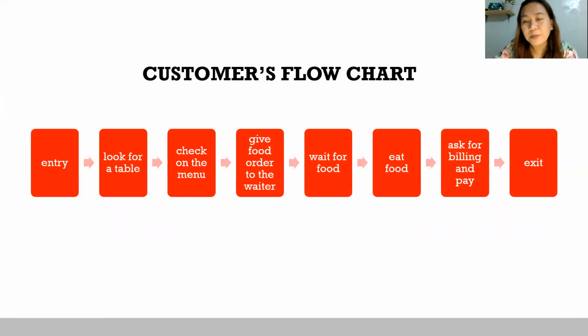Pero syempre kung bago ka pa lang, you would check the menu. And then if it's a type of restaurant na yung waiter kukuha ng order mo, you would give the order sa waiter. Kung hindi naman, you would line up sa cashier and order your food.